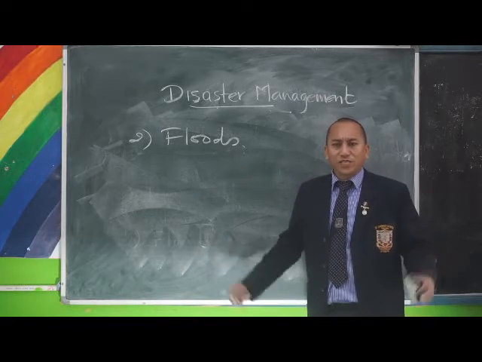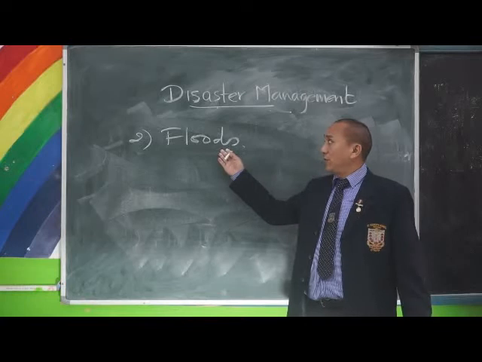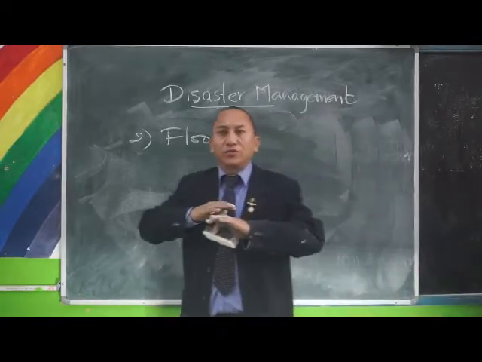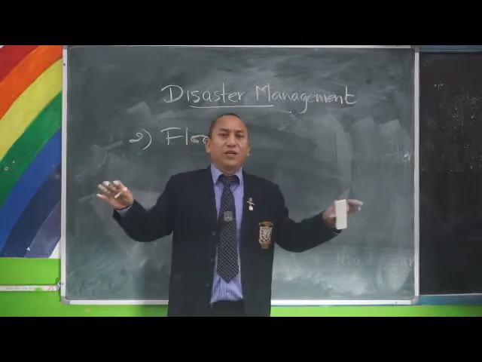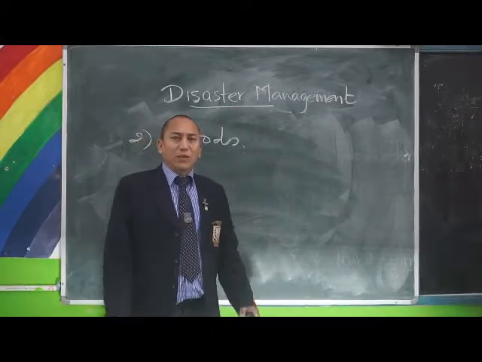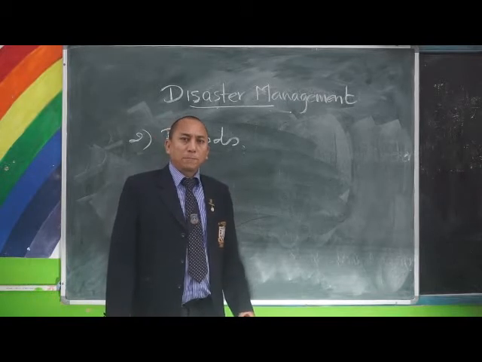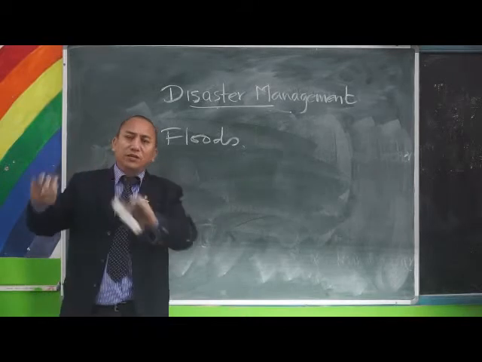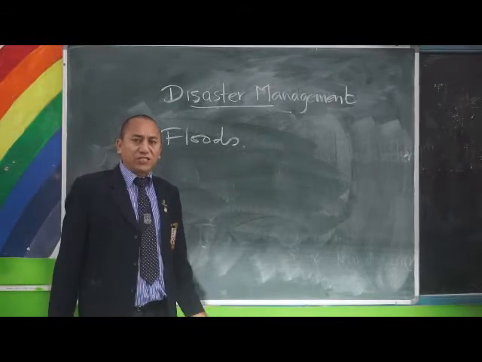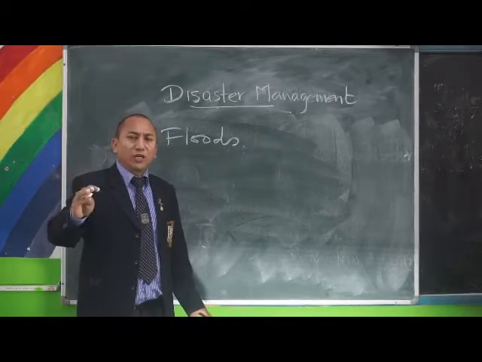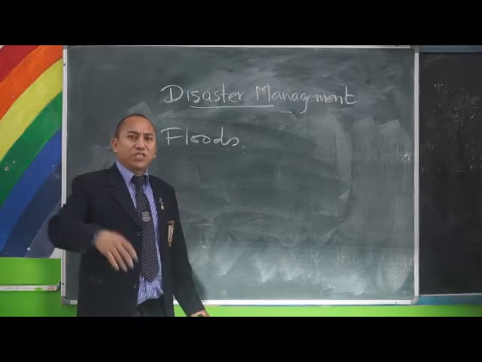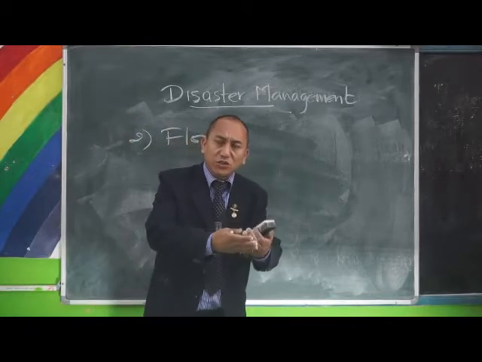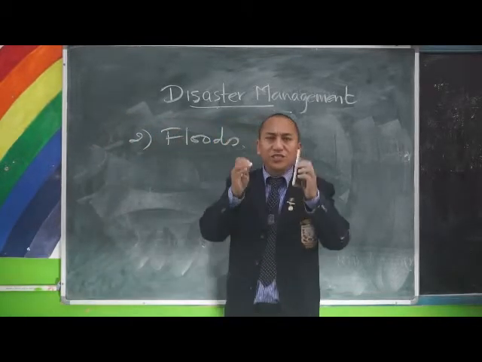When the flood is about to take place, firstly, the government should make sure that the people are made aware of the calamity that's coming up, so that the people in the lower areas can take shelter in safer places. So there should be a warning. A message should be sent to all the people before it hits their villages, so that minimum casualties take place.